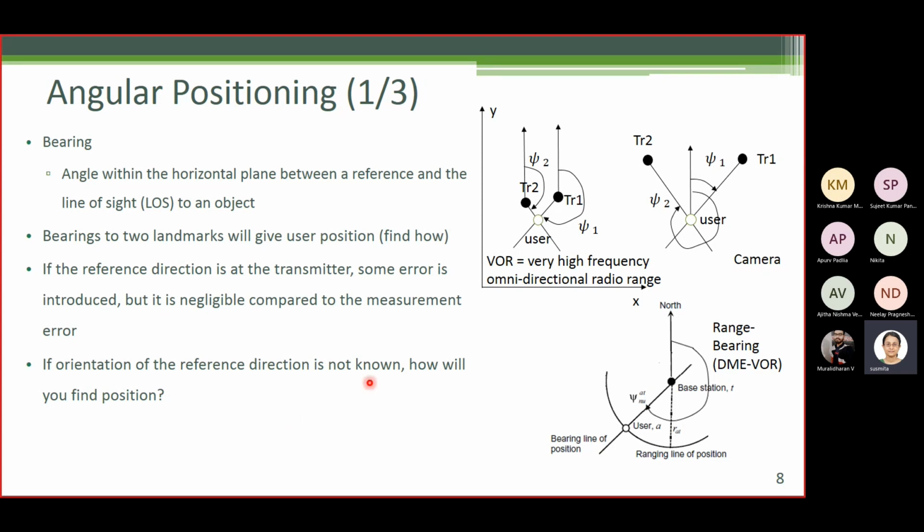If the reference direction is not known, it means it makes some angle with this y-axis, correct? And that angle is not known. What do you think you should do in that case?